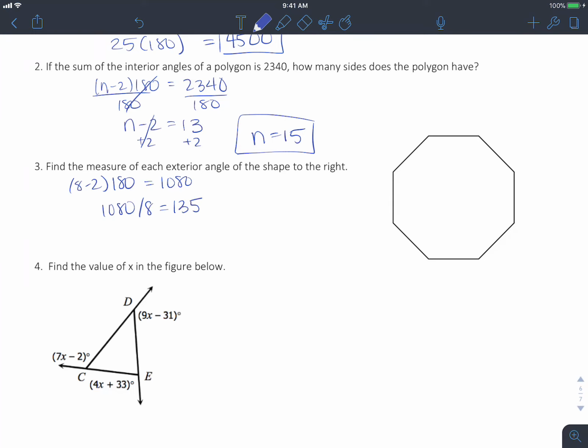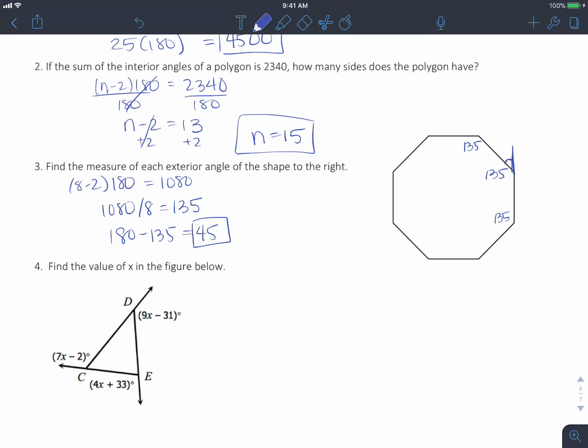So we know the interior angle is 135. So all these angles are 135. So if we extend a line, we can find the supplementary angle, which would be our exterior angle. So we would have 180 minus 135, which is going to give us 45. So that's one way to get it.